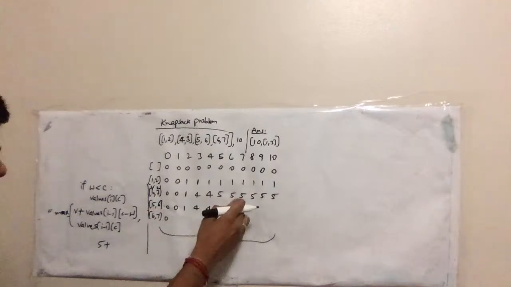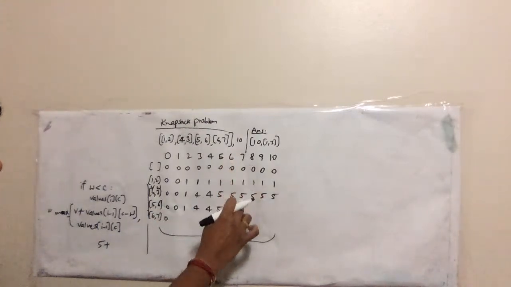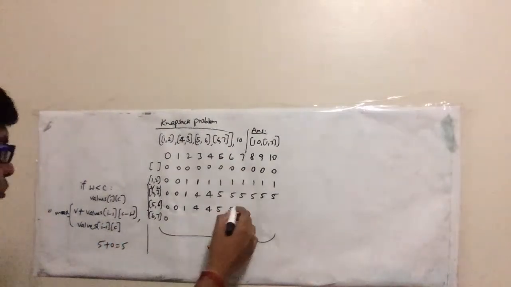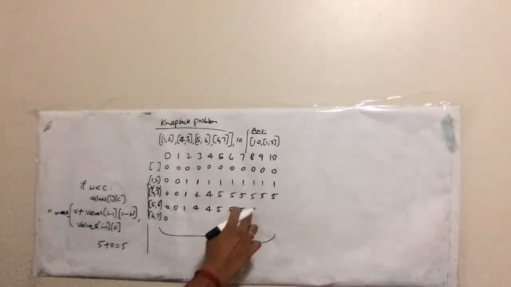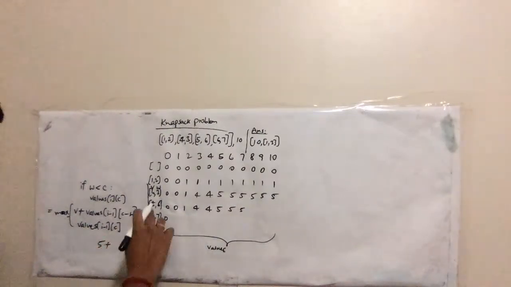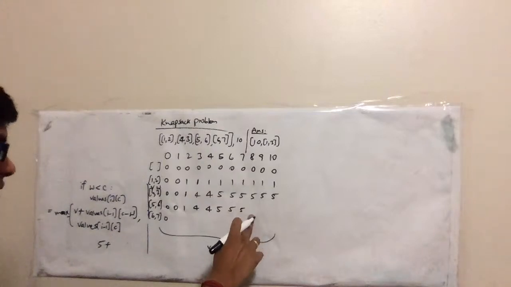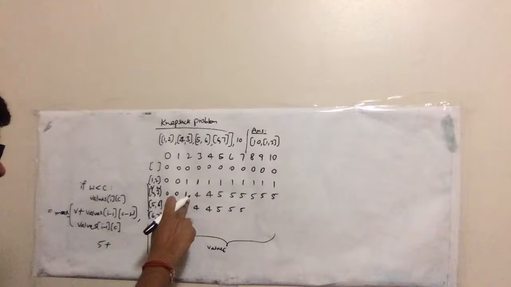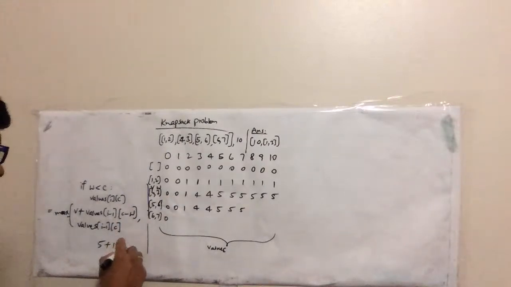So 6 times from here means 7 minus 6, go to the 1st index, which gives 0 value. So put 5. What about the next one? 5 plus 8 minus 6. 8 minus 6 is 2. What is present in the 2? This will give you a value of 6.